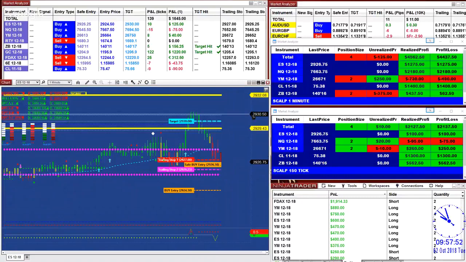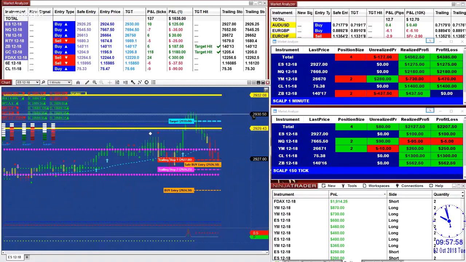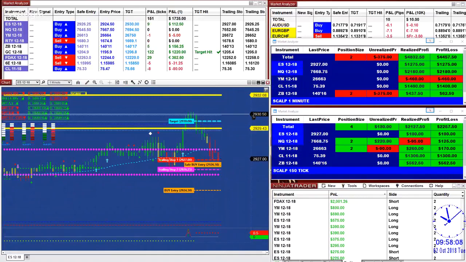If we notice right now, this is the ES critical area right here on the pullback re-entry. We need to watch the ES closely here.